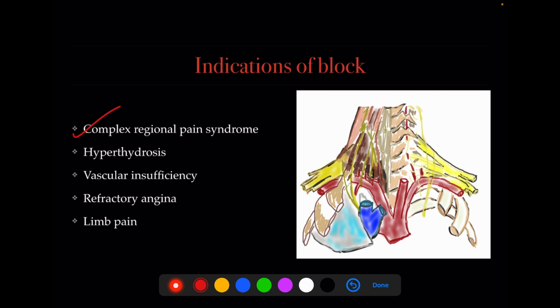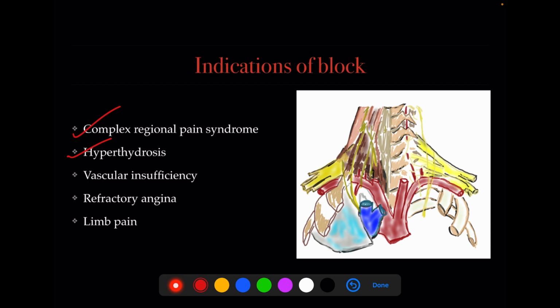And next one is hyperhidrosis. It can also be used to inhibit excessive sweating, or hyperhidrosis. Please recall the sympathetic stimulation of the sweat gland, so blocking is useful here.